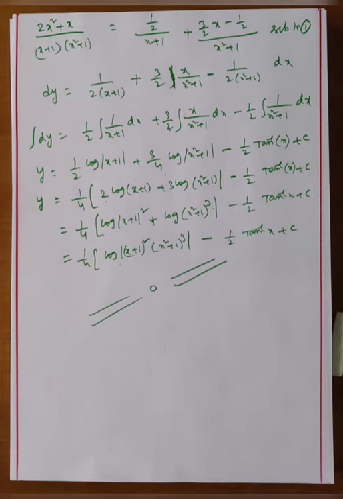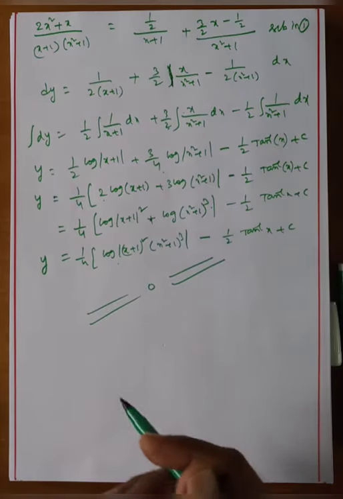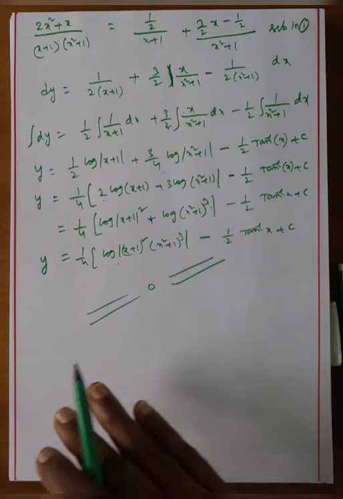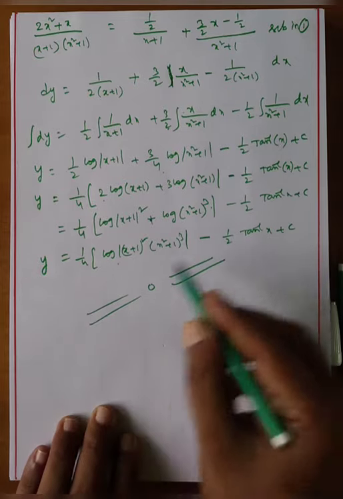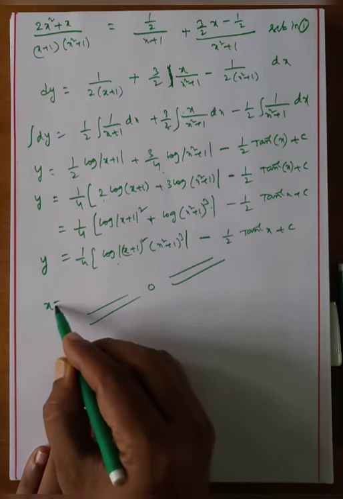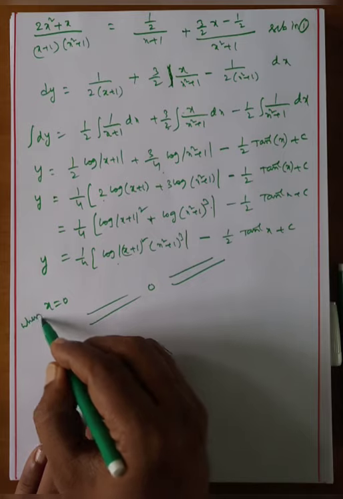Yes, okay. But here, my dear students, the x and y values are given in this problem. What is given? The x value is 0, the y value is 1. When x is equal to 0, then y is equal to 1.